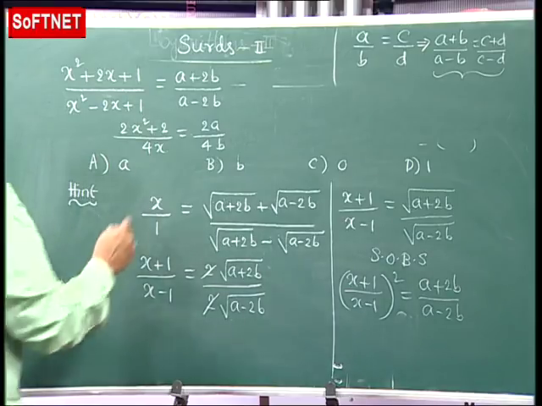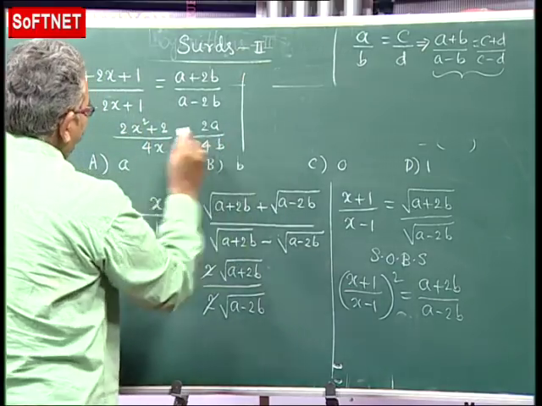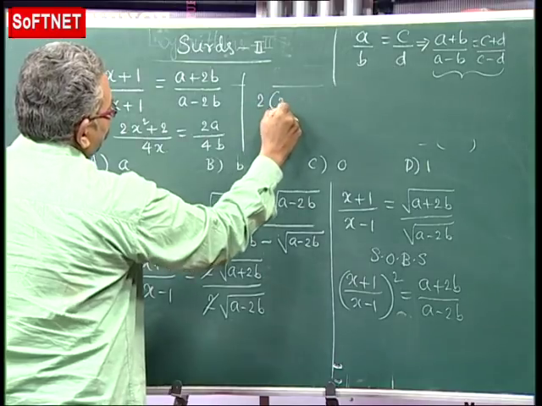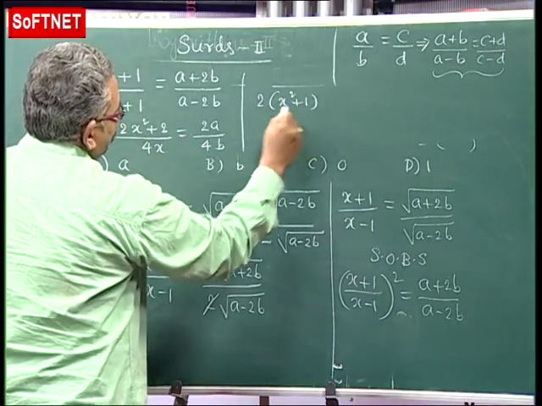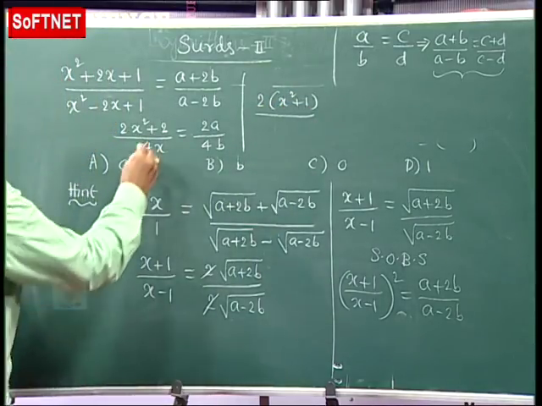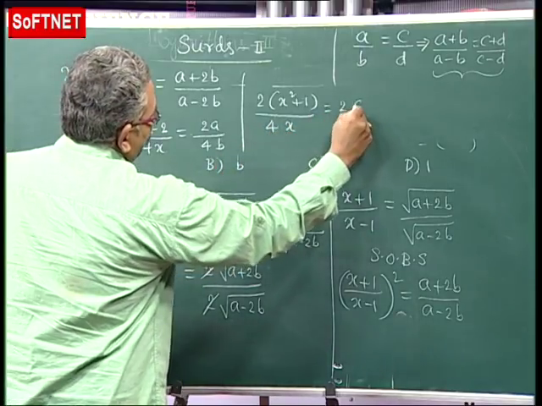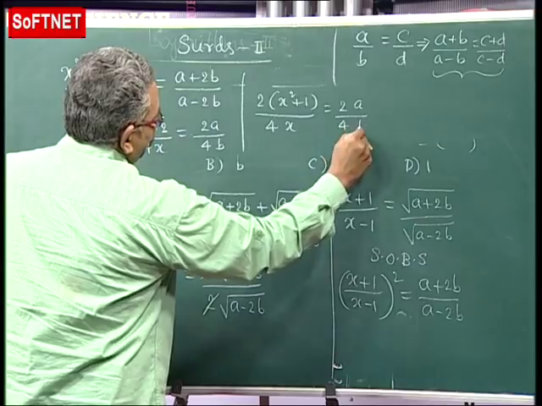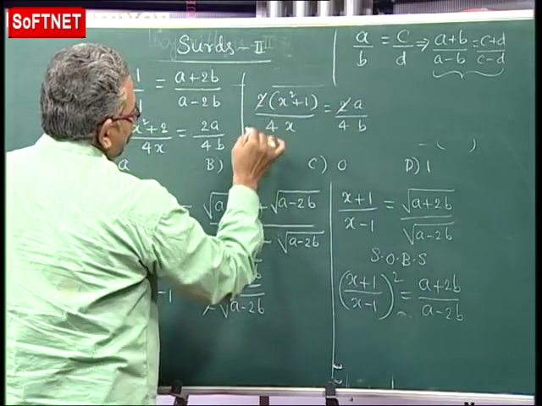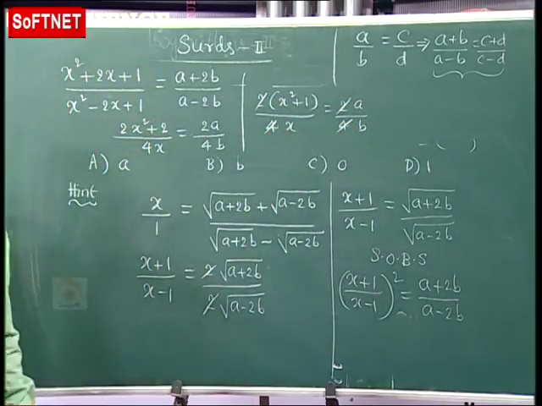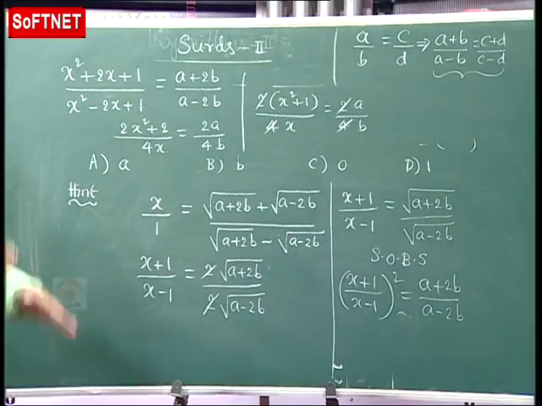Now here you see 2 common, x square plus 1 by 4x equals 2 times a by 4b, 2 cancel, 4 cancel. Now cross multiply.